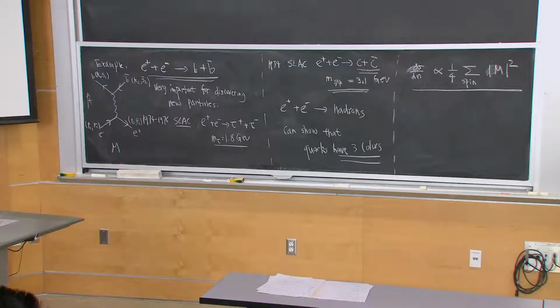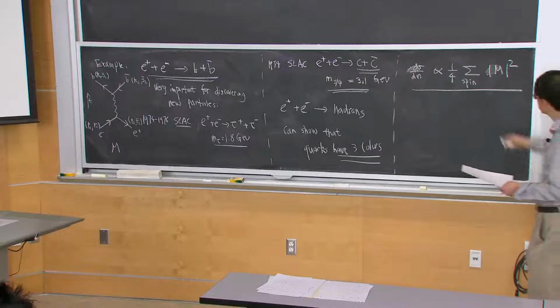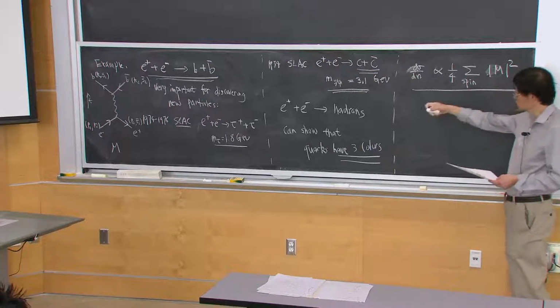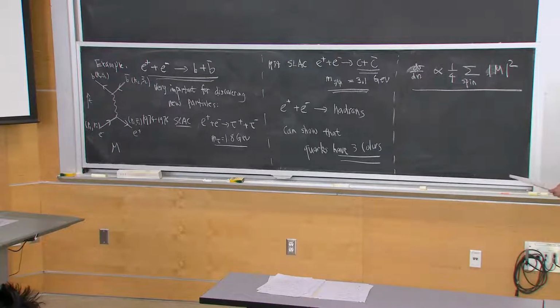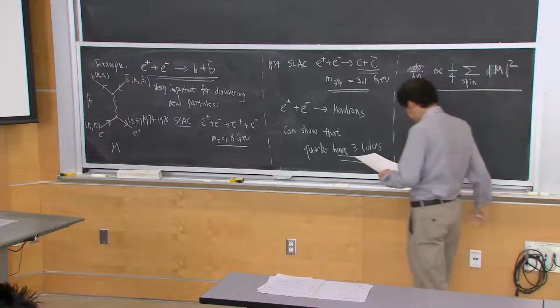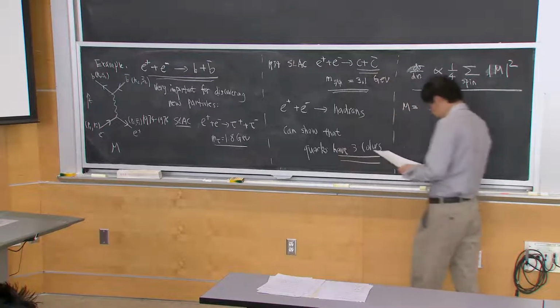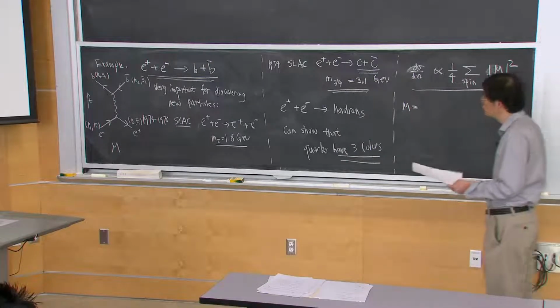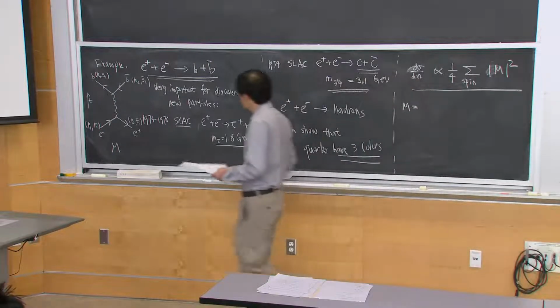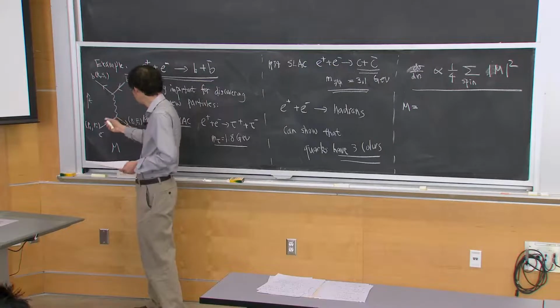So let's first compute M. We just follow our rules. You follow the fermionic line.